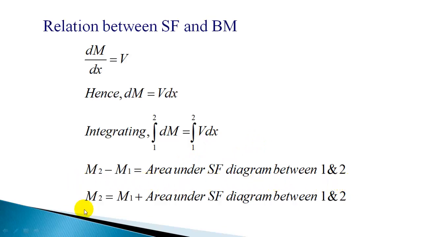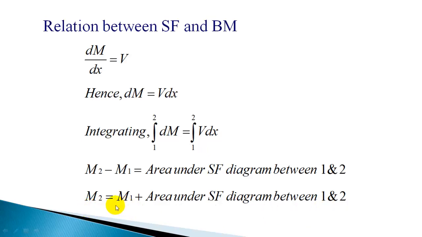So we can write M2, that is the bending moment at section 2, is equal to the bending moment at section 1 plus the area under the shear force diagram between 1 and 2. This way you will be able to find the bending moment at any location.